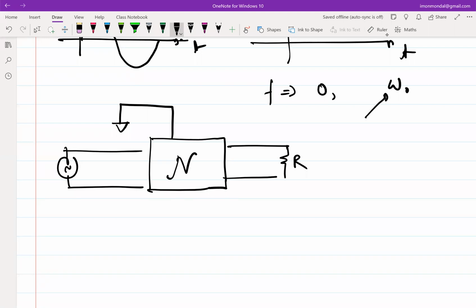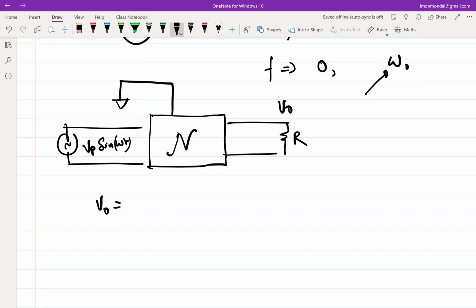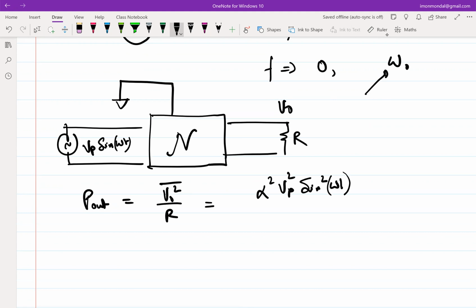And when you desensitize the VDD, if this is VP sine omega t, this is V naught, then the output power will be equal to V naught squared by R, where V naught was alpha times VP sine omega t, so alpha squared VP squared sine squared omega t by R. Right?